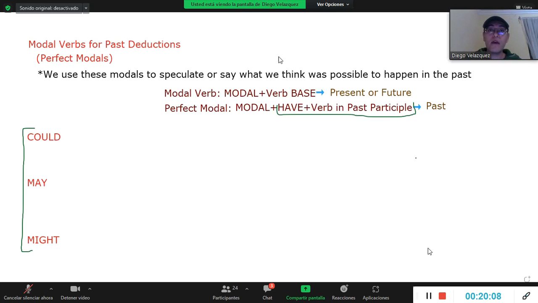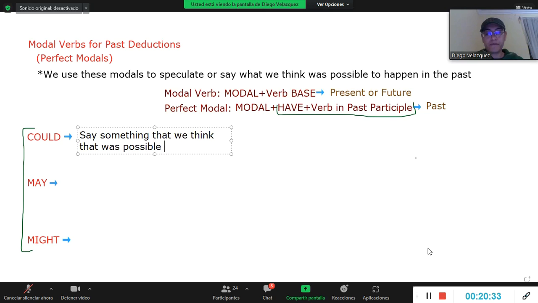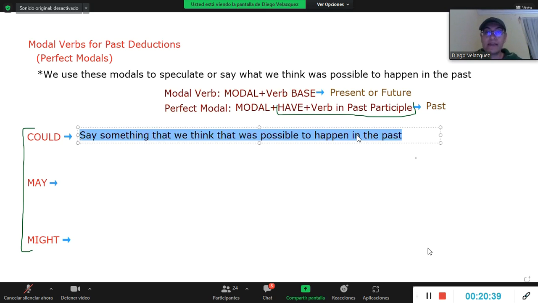Let's have a look. In the case of these modal verbs, everyone, let me put it in here. We will check that we are going to use these modal verbs to say something that we think was possible to happen in the past. But, well, what happens in here, guys?